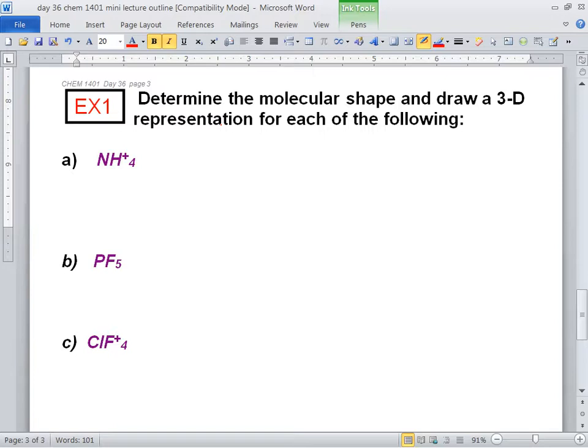Ammonium. 5 plus 4. So find out the number of valence electrons, draw your best Lewis structure, and then draw a 3D guy. I think you're coming up with 8 valence electrons, because you've got to subtract 1.